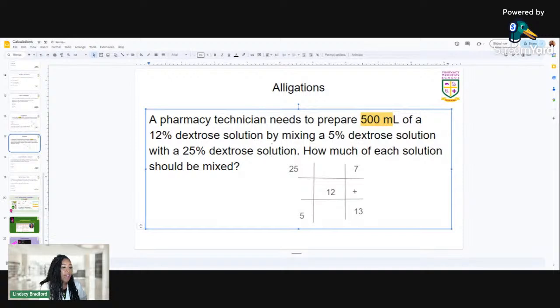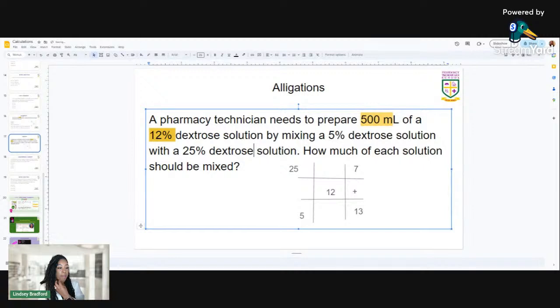To prepare 500 milliliters of a 12% solution, okay? Now, 12%, because it comes after the word prepare and it's connected to the milliliters, we know that that is our desired number. So we've already put that in the middle, okay?